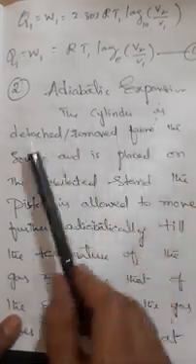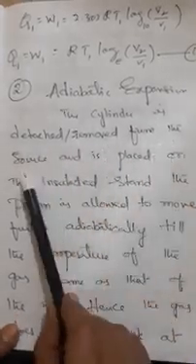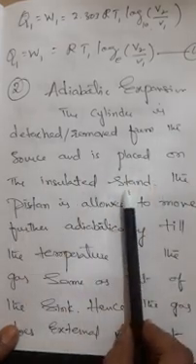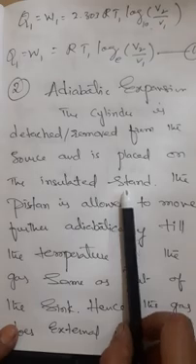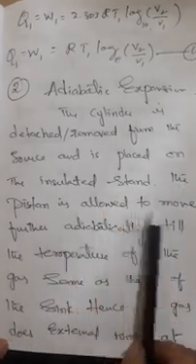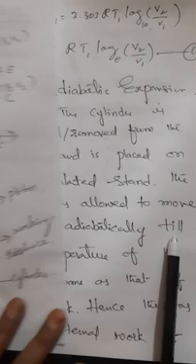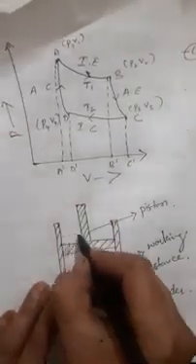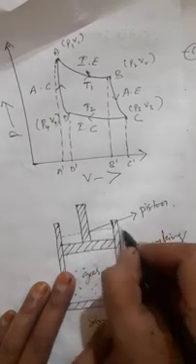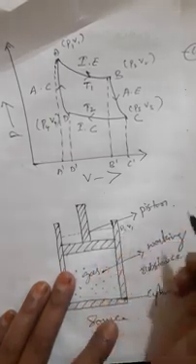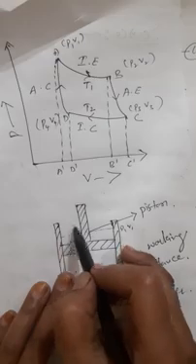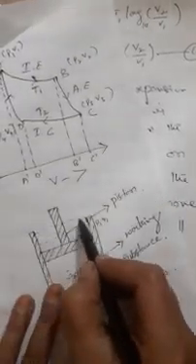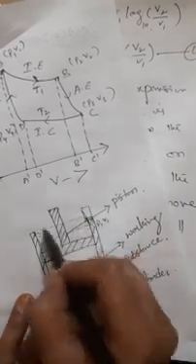Just now I told you what an insulating stand is. The piston is allowed to move further adiabatically. In the first case the piston was moved up to the point with pressure P1 and volume V1. In the next position, adiabatic expansion, the piston is again moved in the upward direction.